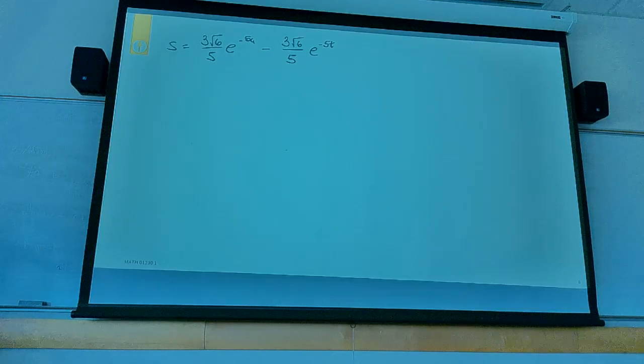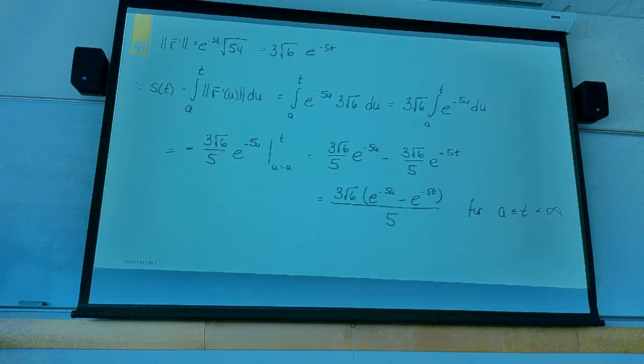Do I want to keep it this way, or do I want to use the factored form? I don't know. I will use the factored form, I think.